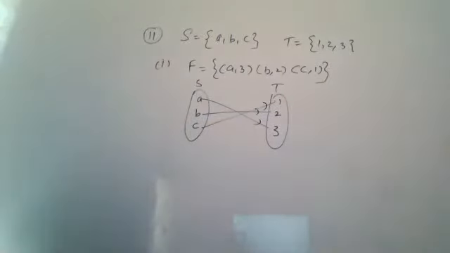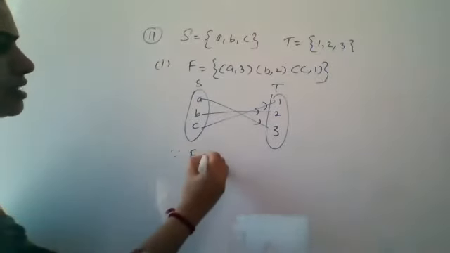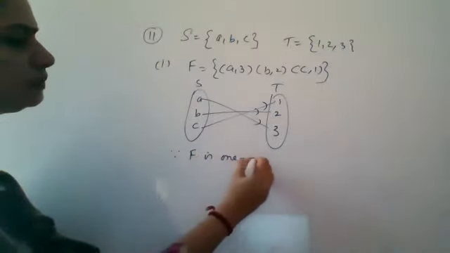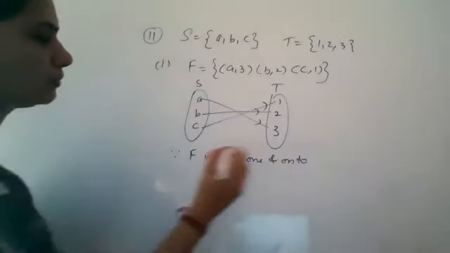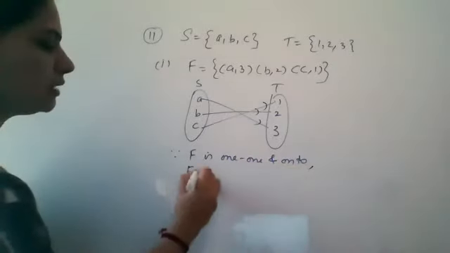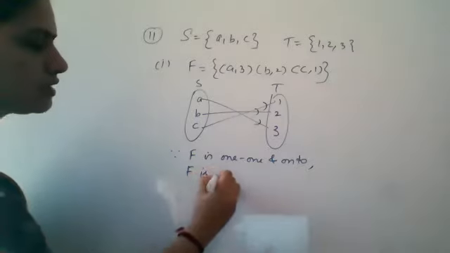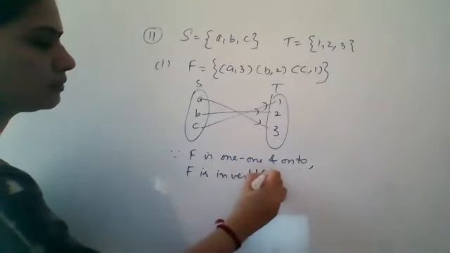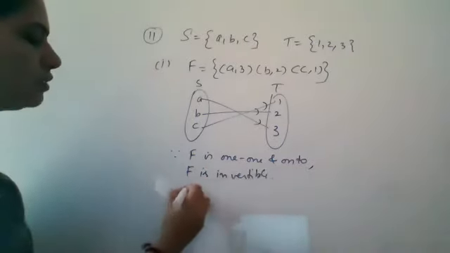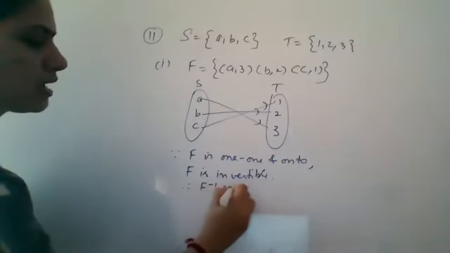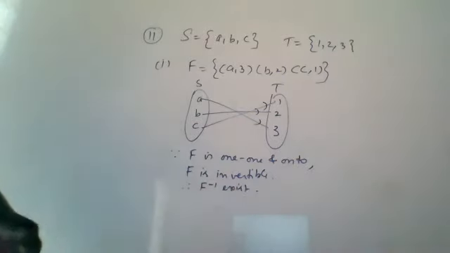Is this one-one and onto? Yes, ma'am. So since f is one-one and onto, f is invertible. That is, f inverse exists. Now, if it exists, you have to find that inverse also.